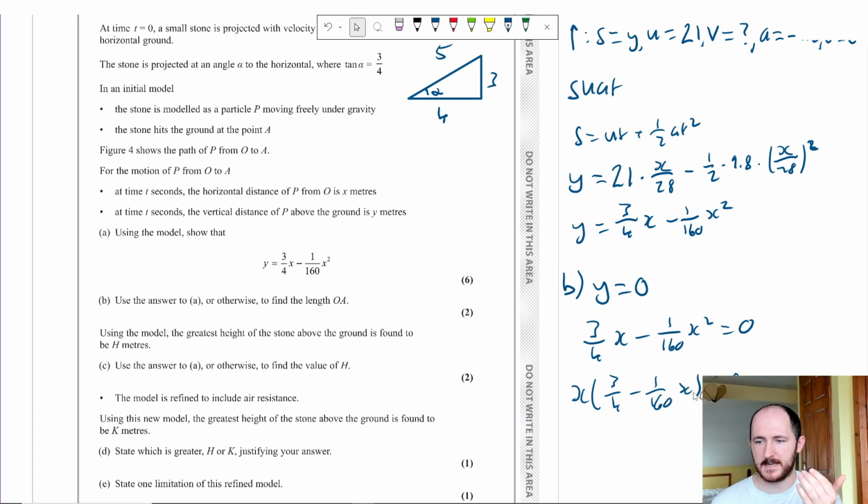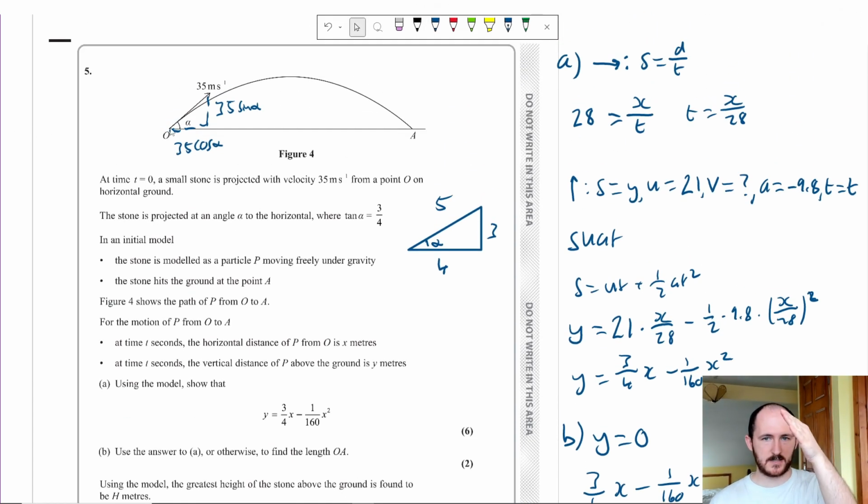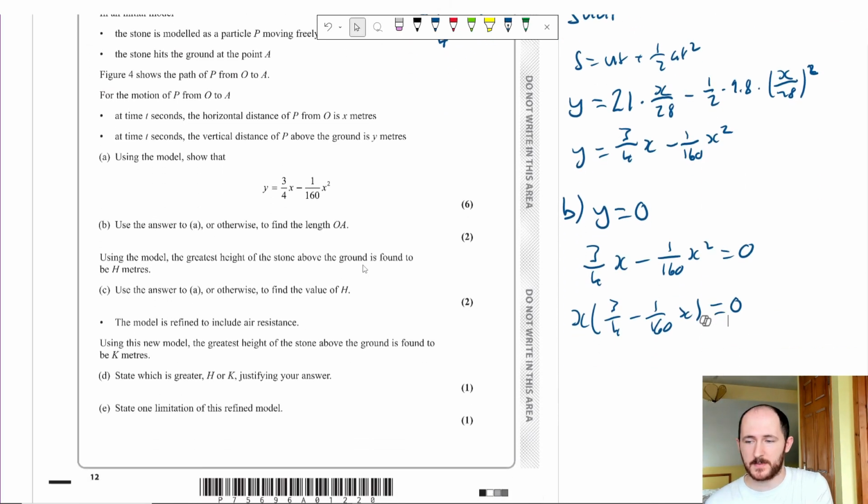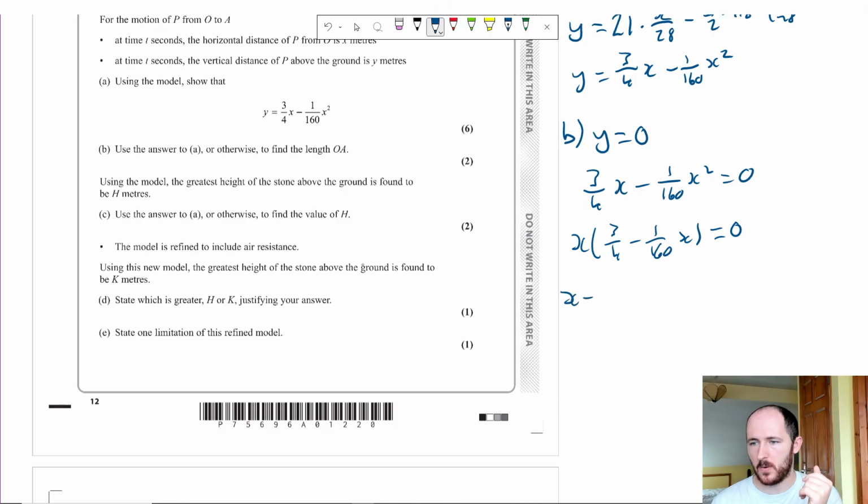we have either x equals 0, which makes sense, right? Because it starts from the ground. So x equals 0, yeah, that makes 100% sense. Or we have 3/4 minus 1 over 160 x equals 0. Let's move that to the other side, and then times by 160. 160 divided by 4 is 40, times 3 is 120.